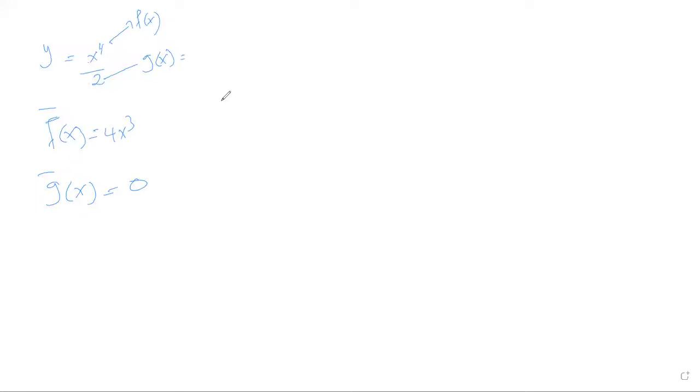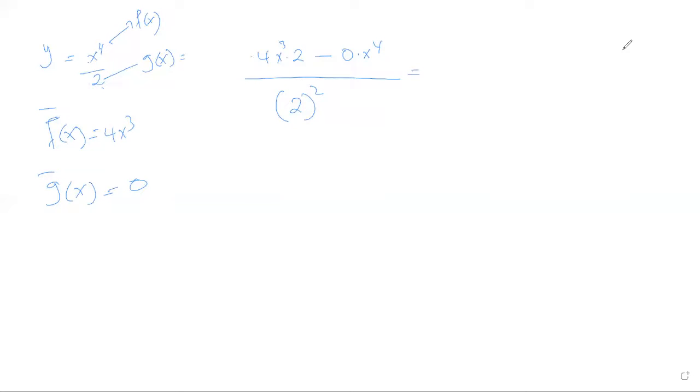So let me do it again. The derivative of this one, you remember, is 4x cubed times g(x), which is 2, minus 0 times x to the power 4, divided by g(x) squared, which is 4.